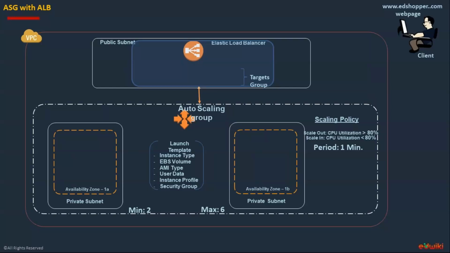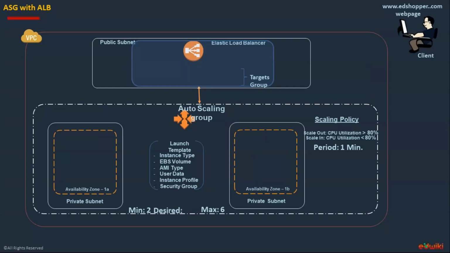At this time, do I have any servers with me, guys? I don't have any servers as of today, right? I'm just preparing everything. If you closely monitor, yesterday when I was setting up the target group, I manually created EC2 servers, then I added the EC2 servers into the target group, then I prepared my target group. But now the things are different. The target group will be an empty target group. I'm not putting any servers into that. I will just attach the target group to the auto scaling group.